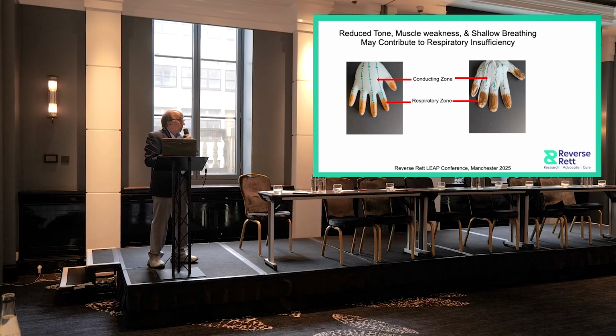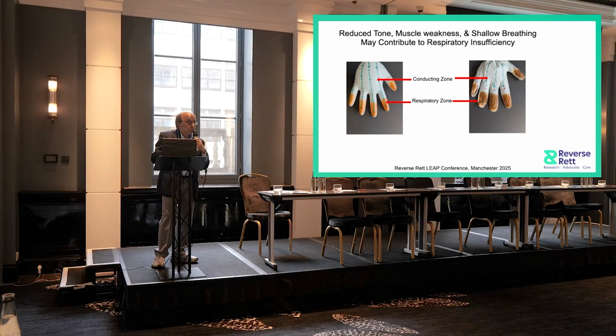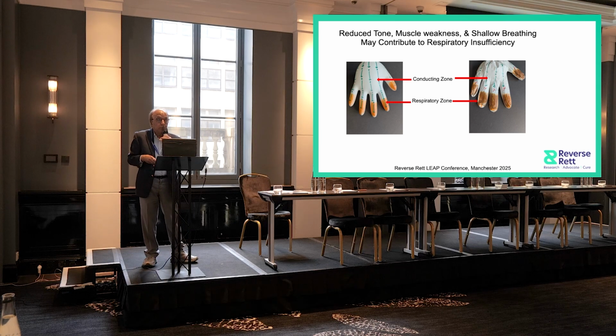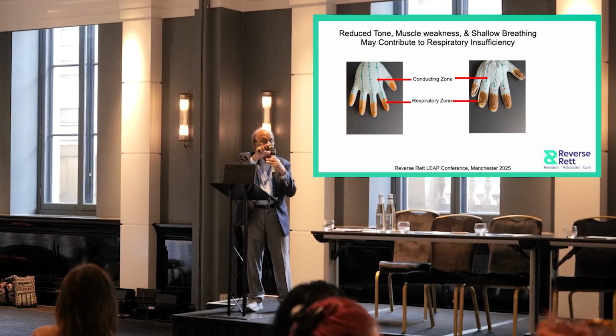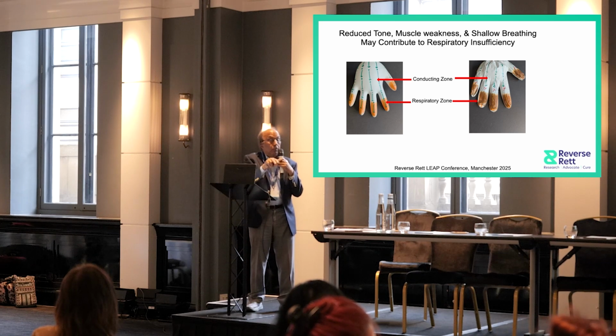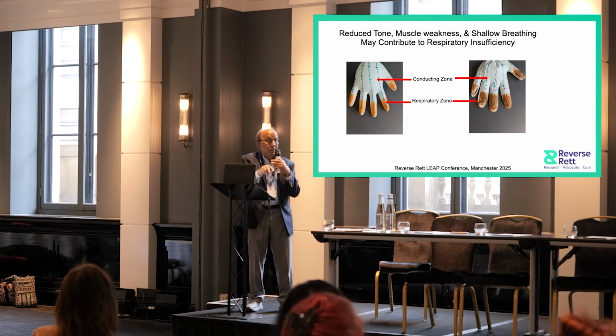Versus if you have a low tone, which happens in our patient population, and some of them are very much hypertonic, while hypo is low. So with tone being low, what happens? These gloves, you see that they're not inflated completely, and some of them tend to collapse also. If they collapse, that means there is no air going, no ventilation there.